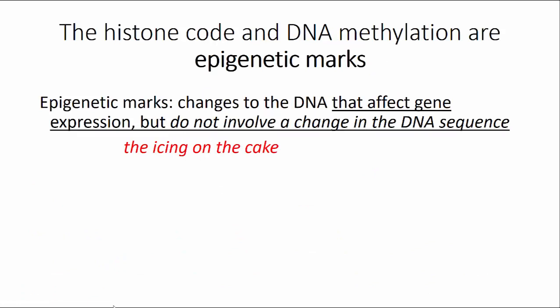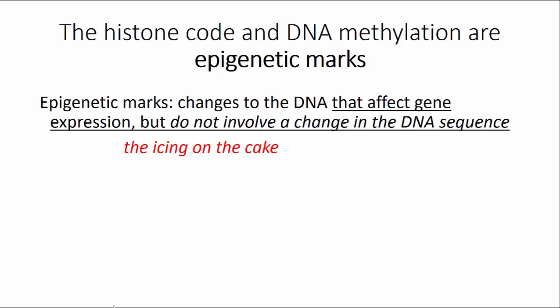So these two modifications that we talked about, the histone code, which can involve methylation or acetylation of the tails of the histone proteins, and methylation of the DNA itself, are what we call epigenetic marks. And epigenetic marks just mean that those are changes that are made to the DNA that can affect how that region of the genome is used, but those changes do not involve a change in the actual DNA sequence itself.